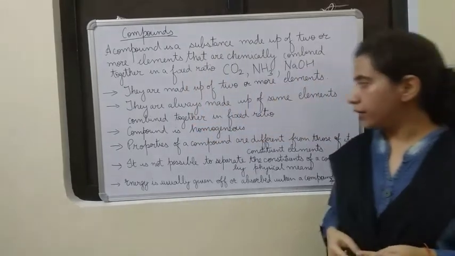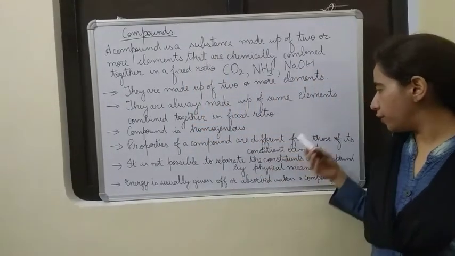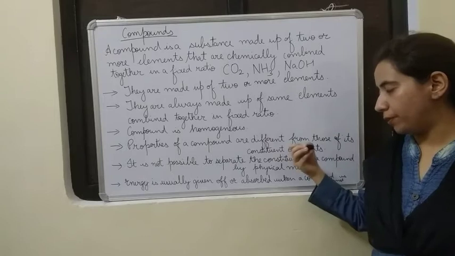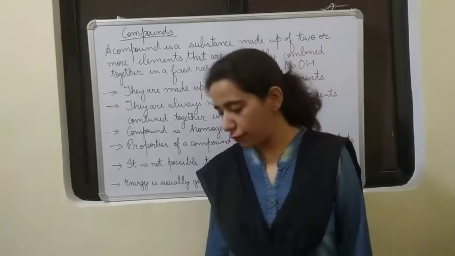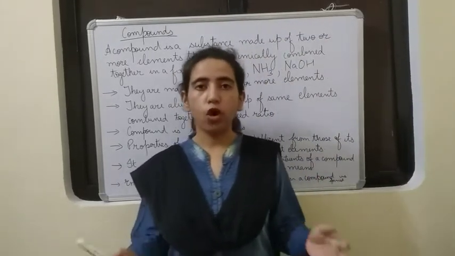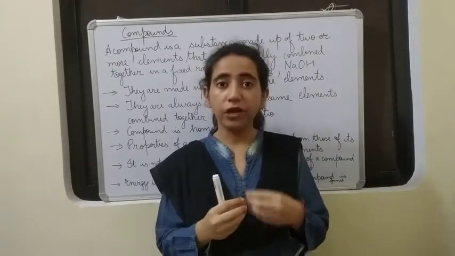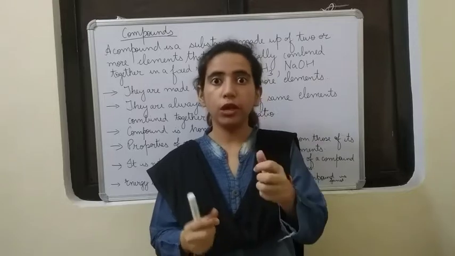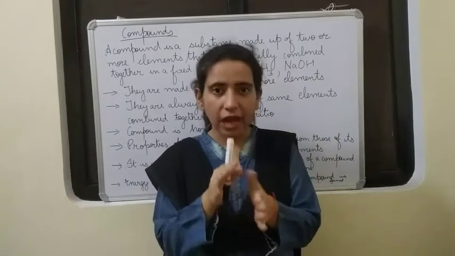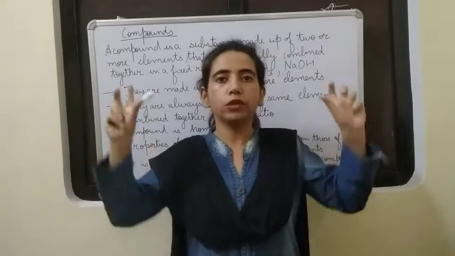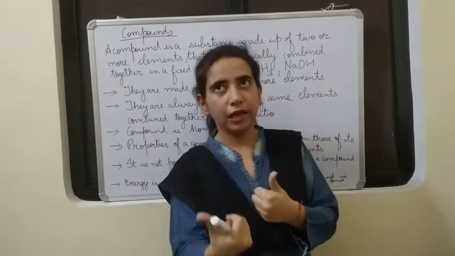Both molecules, if I consider, they will show the properties of water only, nothing else. Alright. Then, properties of a compound are different from those of the constituent elements. That you should understand carefully. Compounds are formed after a chemical reaction, and after a chemical reaction a new substance is formed and it will have different properties from its constituent elements. Like I give you an example.